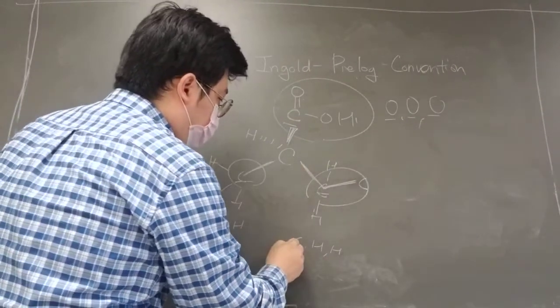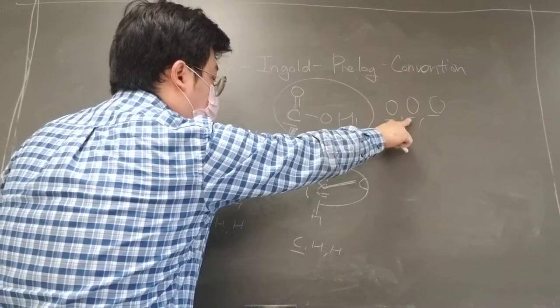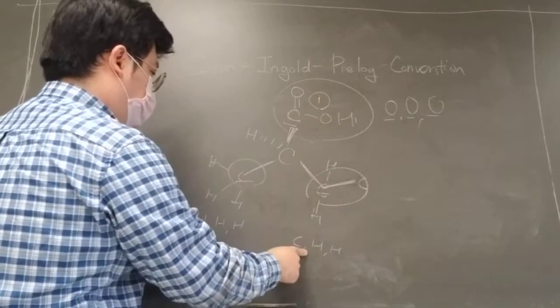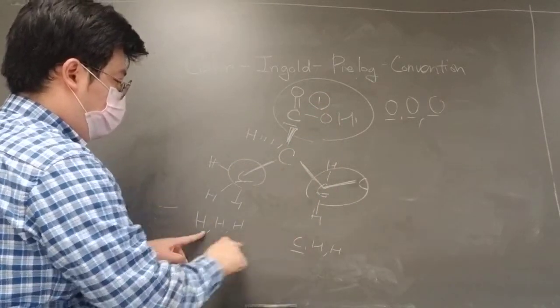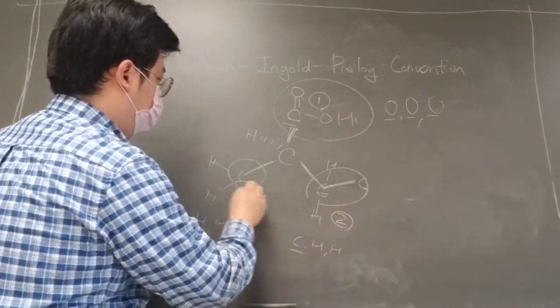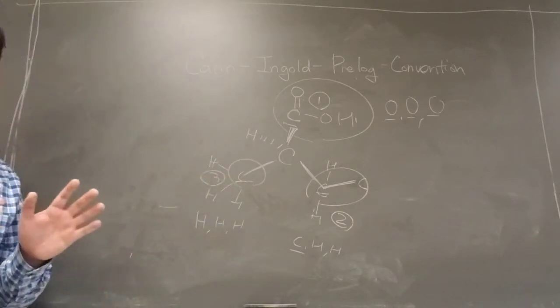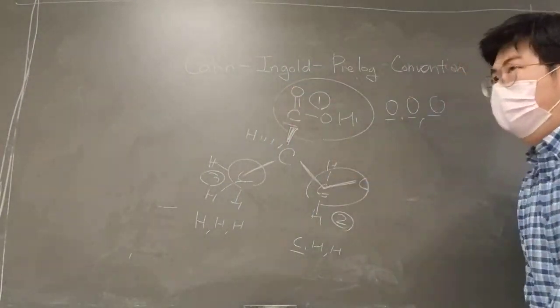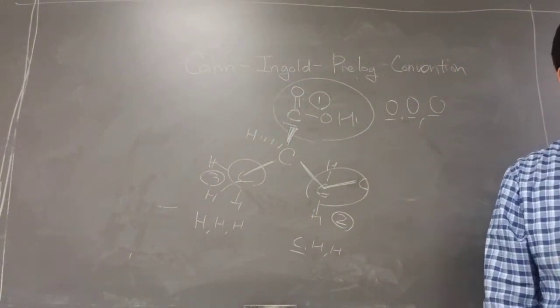So this one is higher priority than those 2, so this might be the first one. And these 2, this is a bit higher than this one, so it will be 2 and 3. This is another example you can try when it has a double bond with neighboring elements like oxygen and nitrogen and so forth.